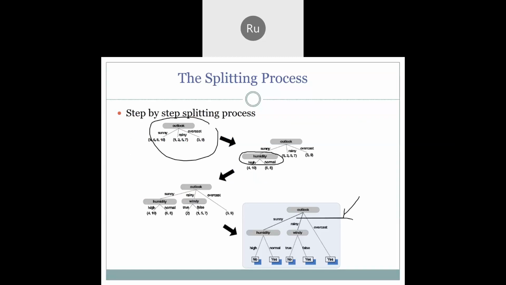But the question that you want to ask is, how do you come up with these three? How do you choose the best root? Which root should be used? Okay, so the root means the starting point.